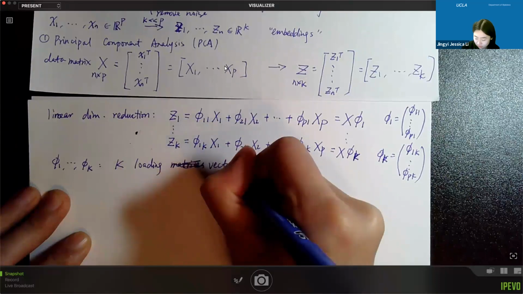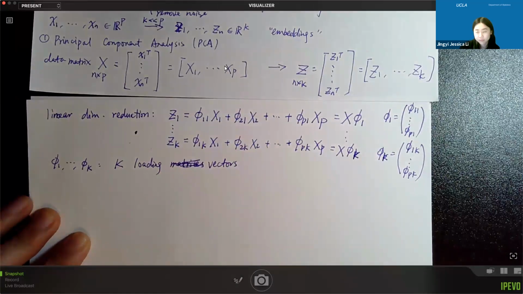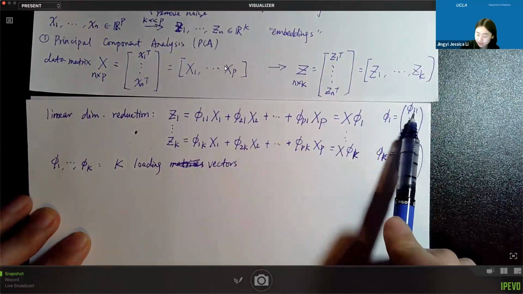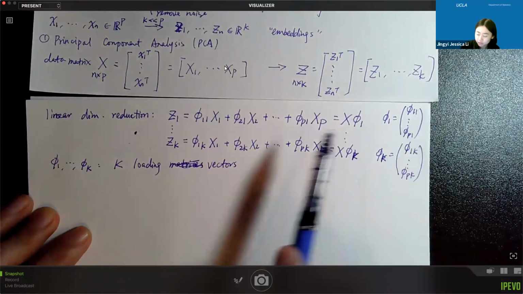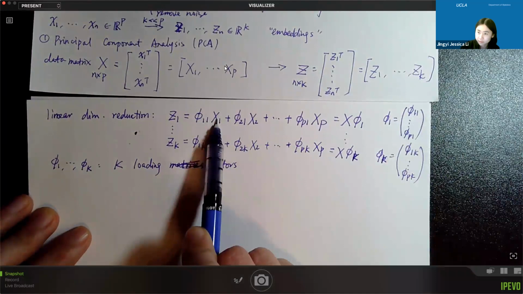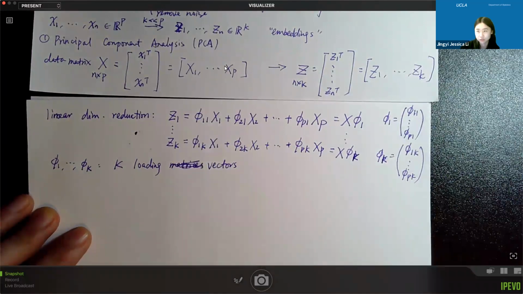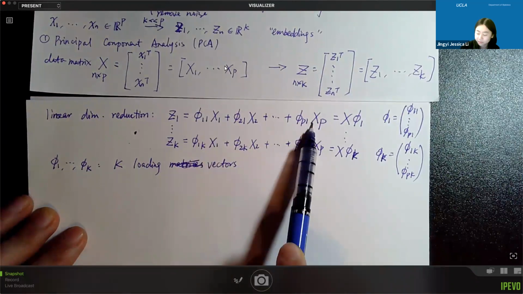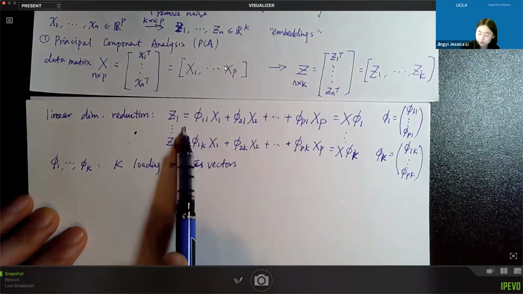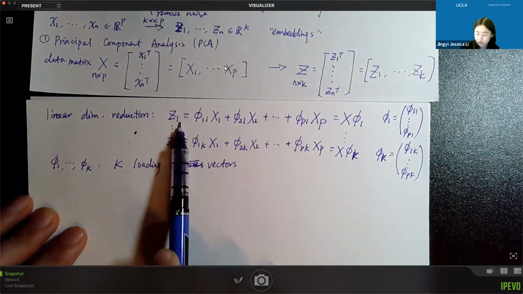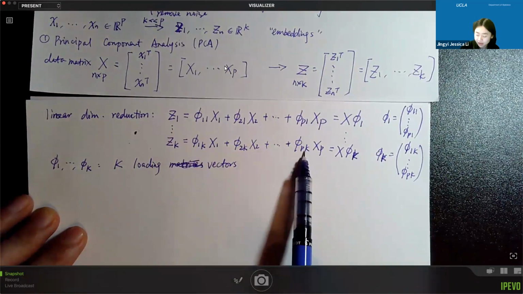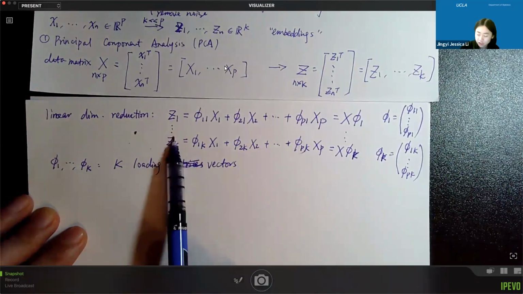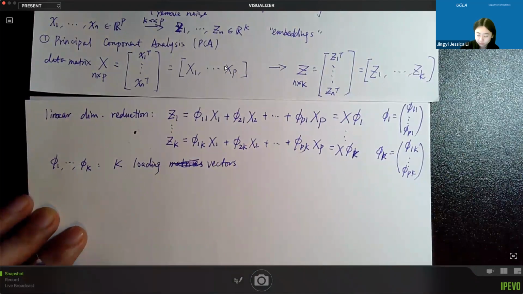By loadings, we mean each entry is the loading of my original dimension in that new dimension. So we call phi11 to phi p1 the loadings in the first new dimension, and phi1k to phi pk the loadings in the last new dimension.